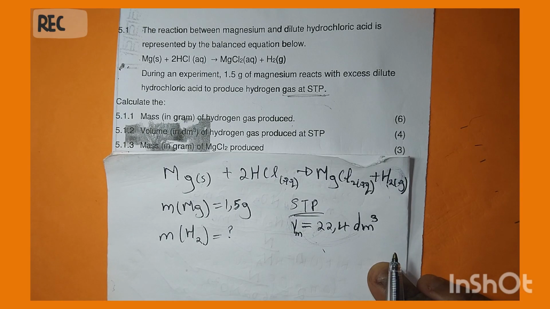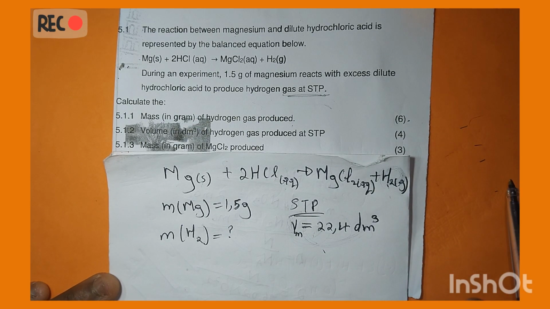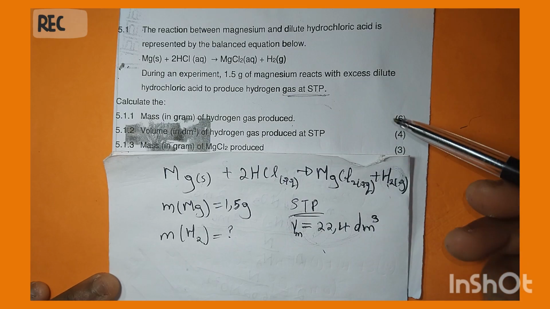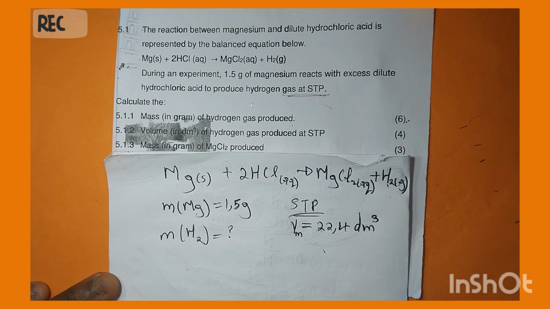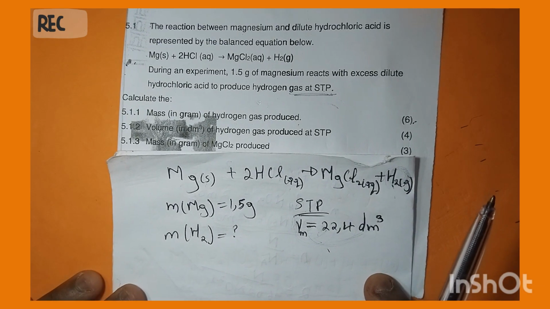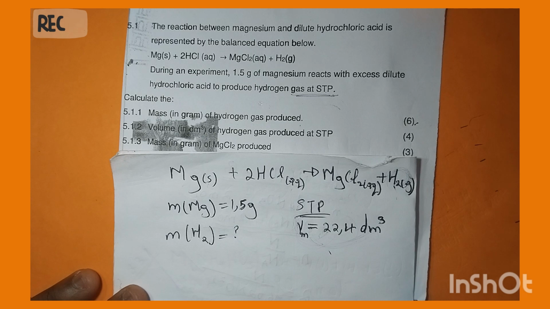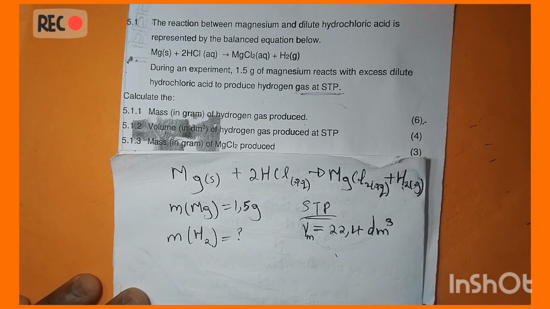So here you should be smart. This is a 6-mark question. Not every learner can get this right. Try to listen carefully. For me to solve this question, it's straightforward.